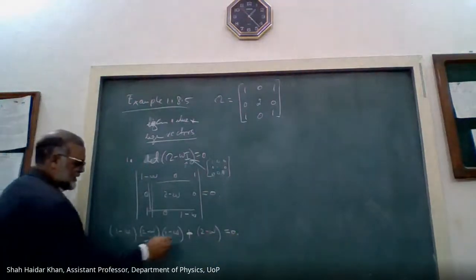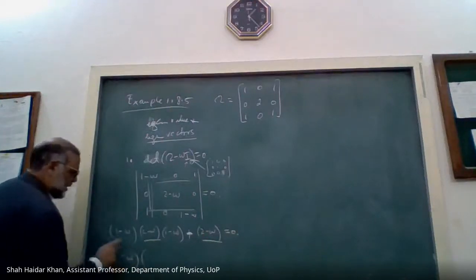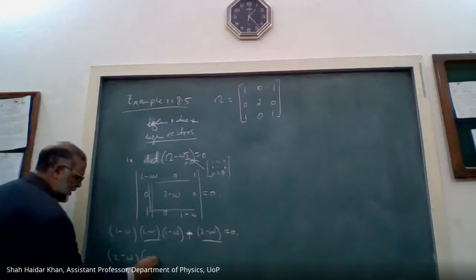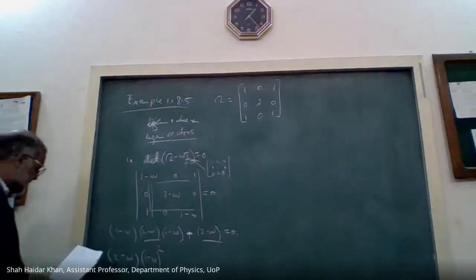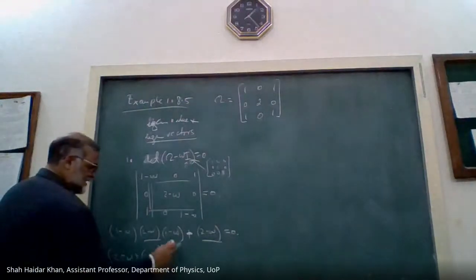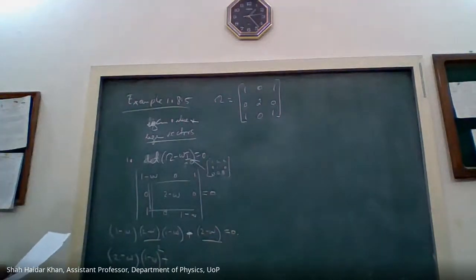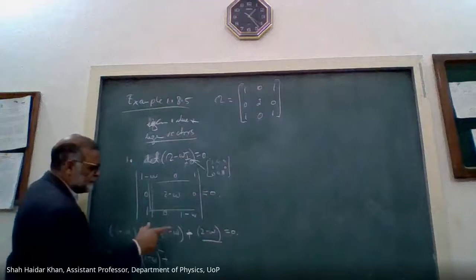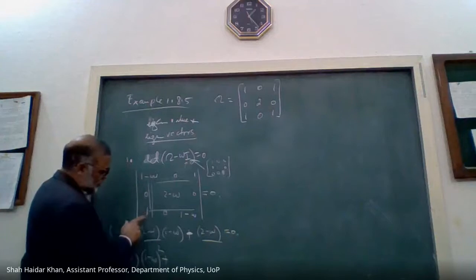Oh, let us take 2 minus omega term. So that will be 2 minus omega, and I will get here 1 minus omega whole squared, right? And minus or plus. Oh, look here. This is plus 1, right?